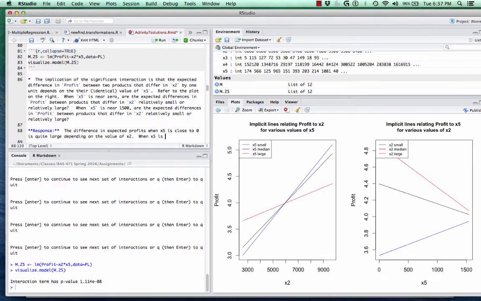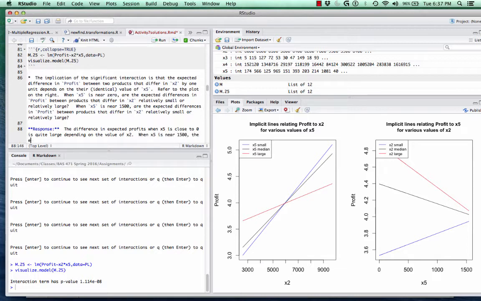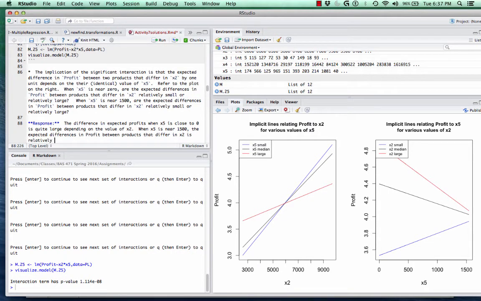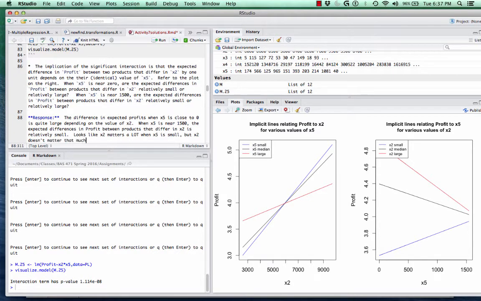So when x5 is near 1500, the expected differences in profit between products that differ in x2 is relatively small. So it looks like x2 matters a lot when x5 is small, but x2 doesn't matter that much when x5 is large.